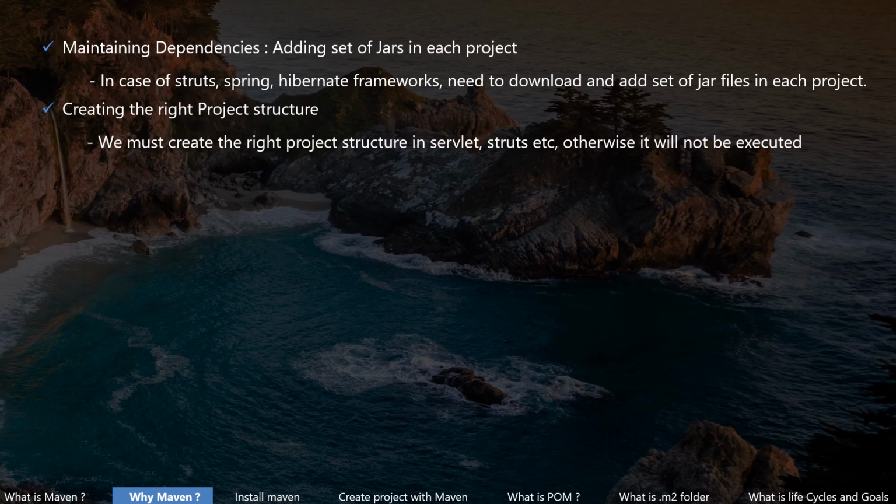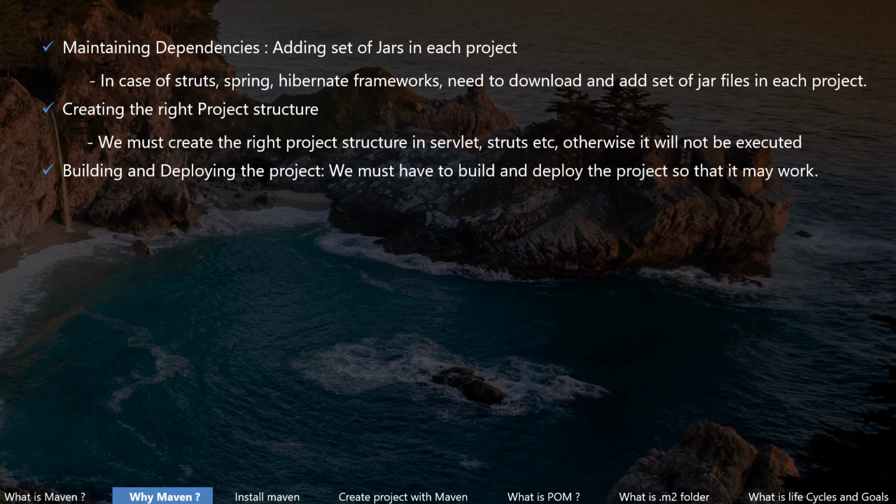Every time you need to familiarize yourself with that particular project. So in this case, Maven is providing uniformity to us from project to project. Once you understand the Maven folder structure, you are good, because you feel very comfortable with all the project structures, because most of the time it will be the same.